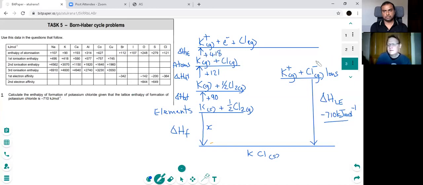The last enthalpy change here is Cl to Cl minus, and that's called electron affinity. For chlorine, the first electron affinity is minus 364.